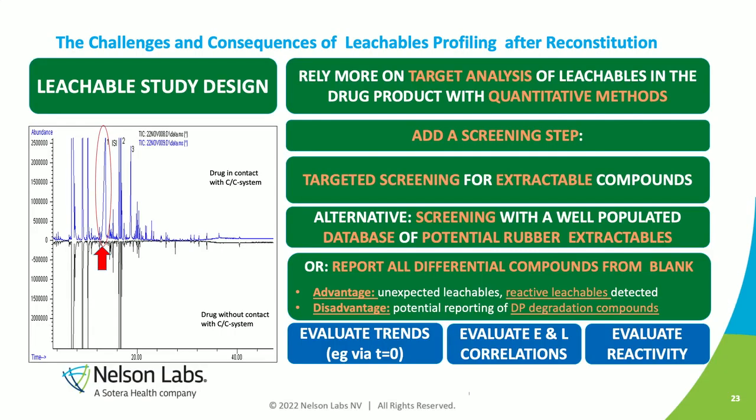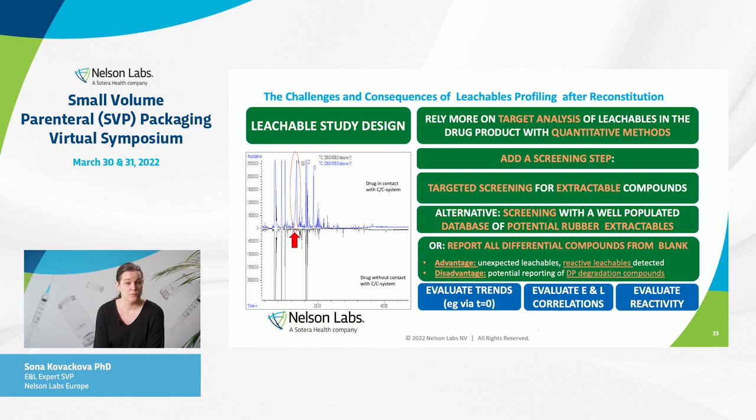The unavailability of true blank solutions brings some consequences and challenges to the leachable study design. Because no true blank is available, we need to obtain very good extractables data.